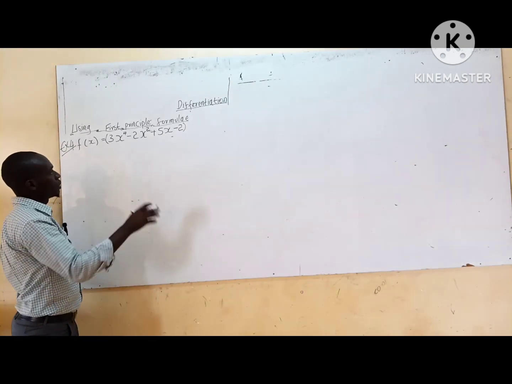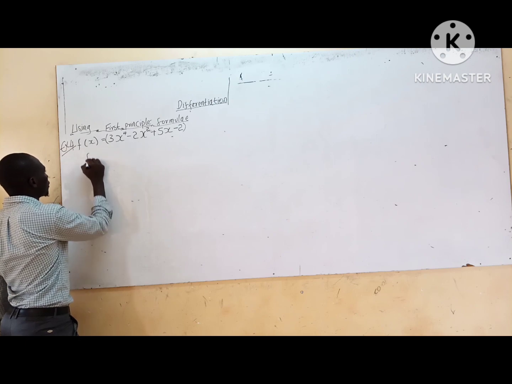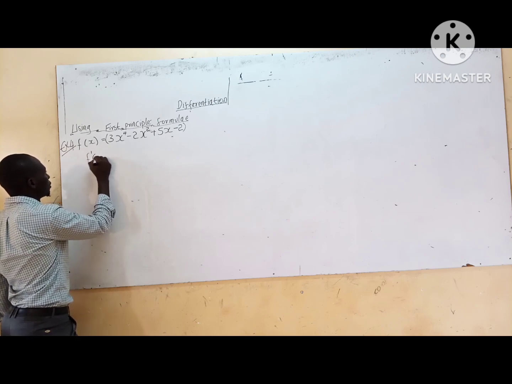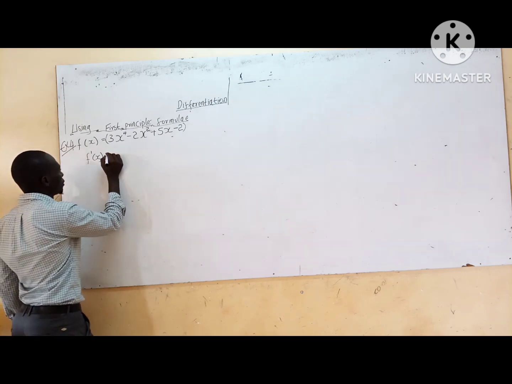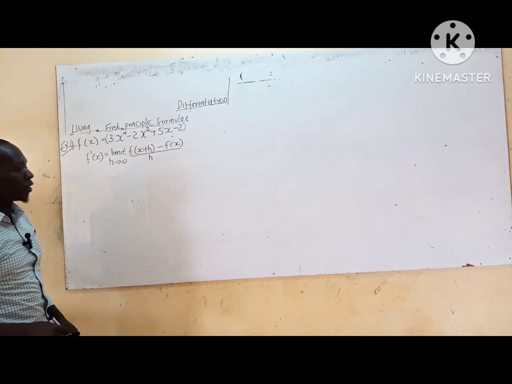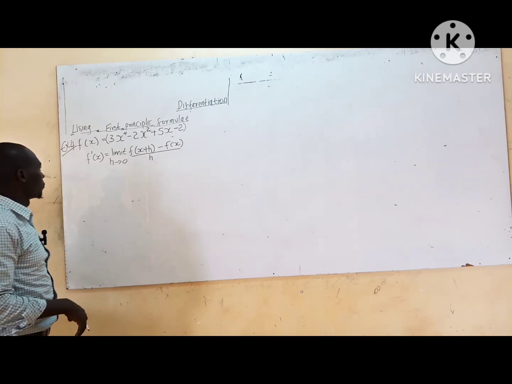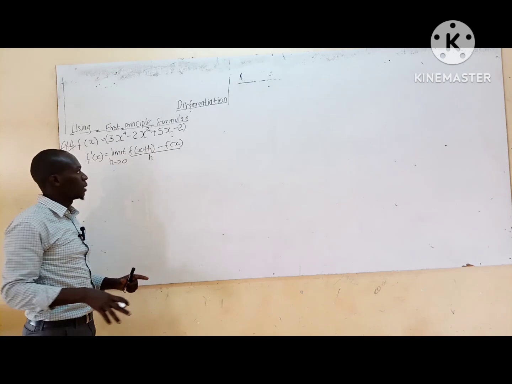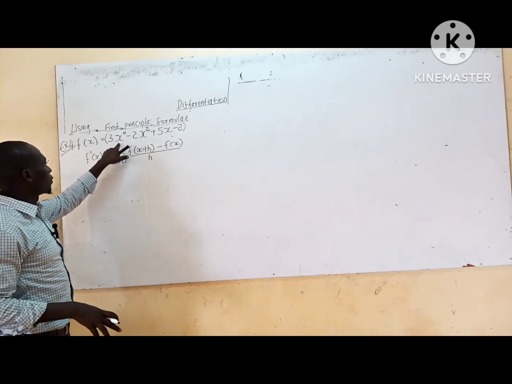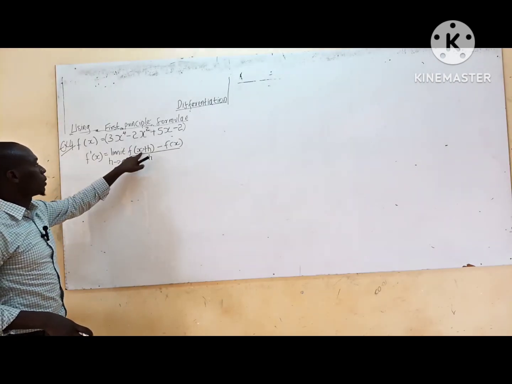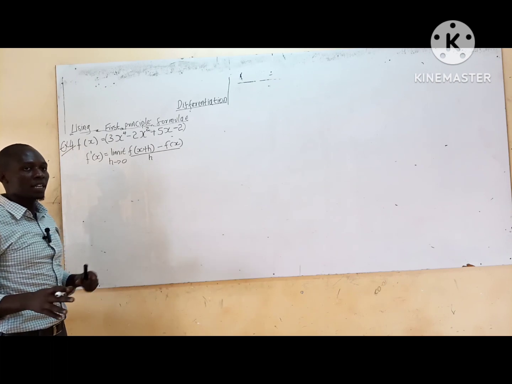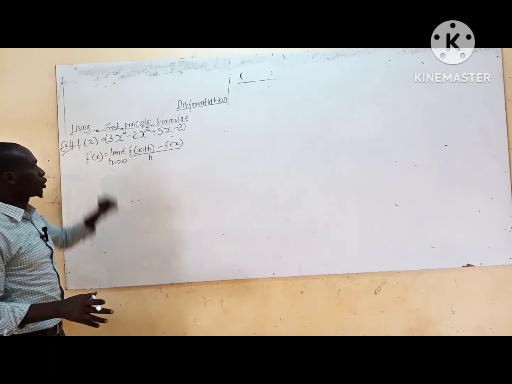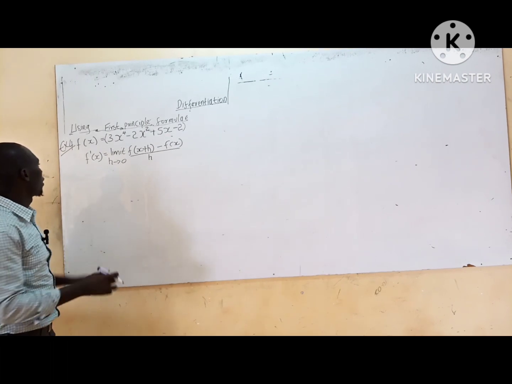And the formula using the first principle is the differential of a function f of x all over h. We say that in our first step, whenever we have x in the equation, we replace it with x plus h.